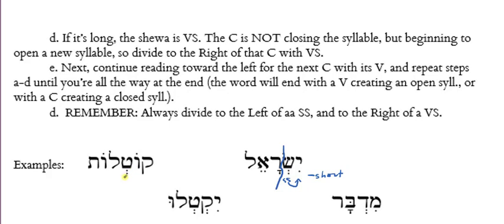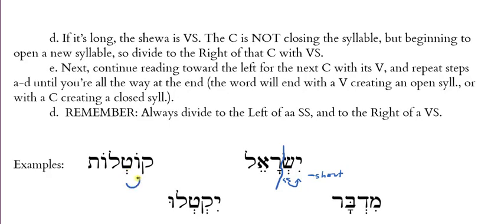So what do I do? Here I'm going to look to the right and assess whether the vowel is long or short. Holam vav is a long vowel. And if it's a long vowel, the shiva must be vocal. And if the shiva is vocal, where do I divide? I divide to the right of it. Okay, this is an open syllable, and the tav is going to take this vocal shiva and jump on the back of the next consonant vowel combination.